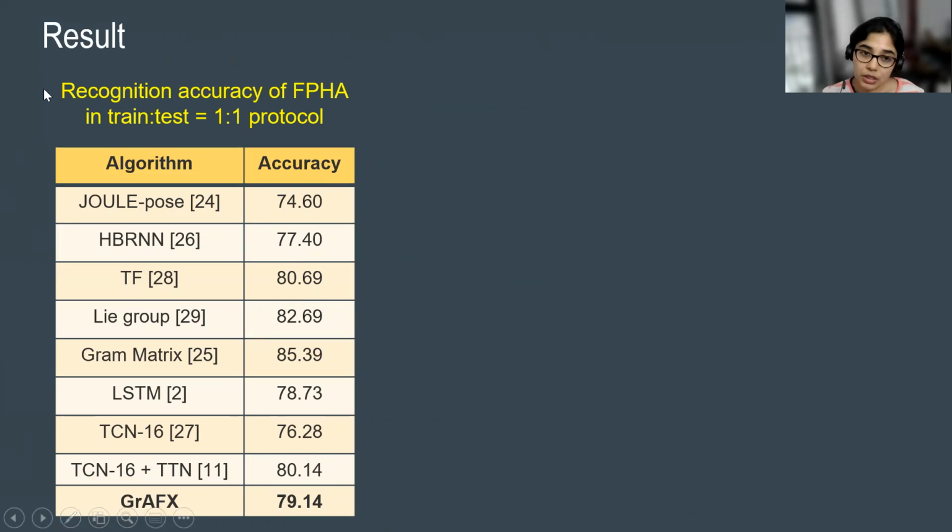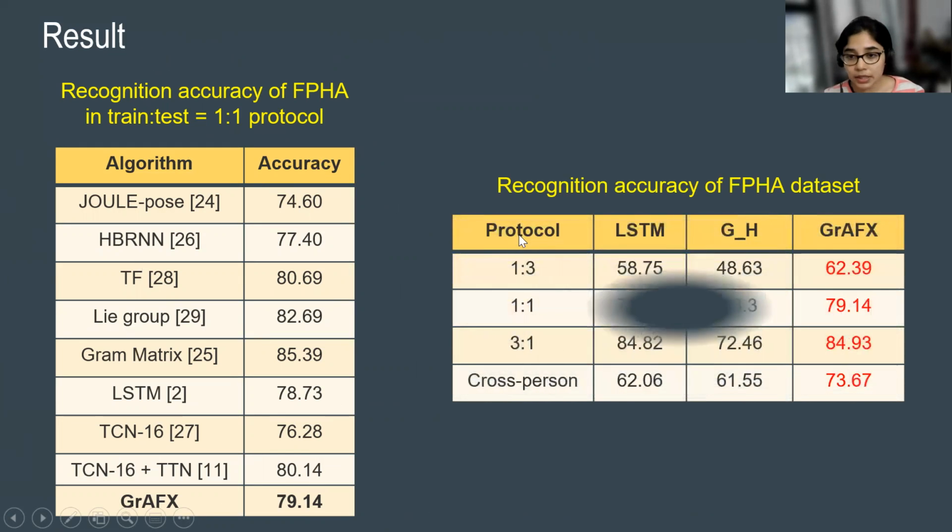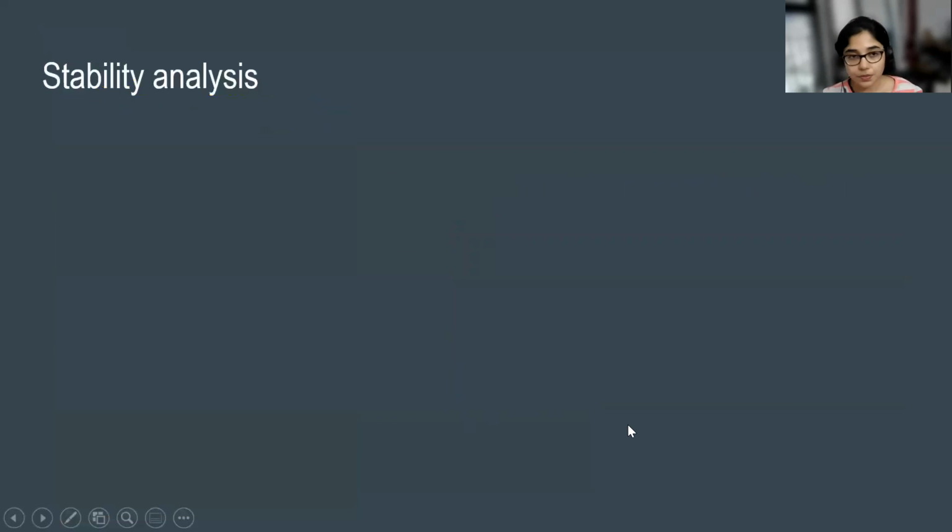If you see the results of recognition accuracy in a 1:1 protocol, our GraphX method is giving comparable results to the other existing methods. But the most interesting part is that in the cross-person setting, our proposed method is always performing well, which is a more real-life scenario, and we expect a better model for this kind of situation.